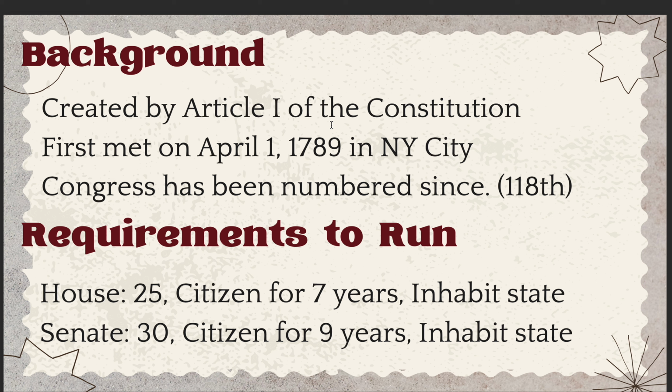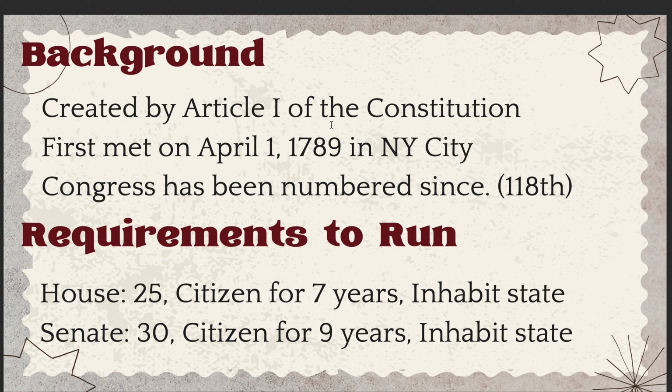Here are your requirements. To run for the House of Representatives, you have to be 25. You have to have been a U.S. citizen for 7 years. And then you have to actually inhabit the state in which you are running and will be elected to. We've had a couple of controversies over this in the last couple of elections.